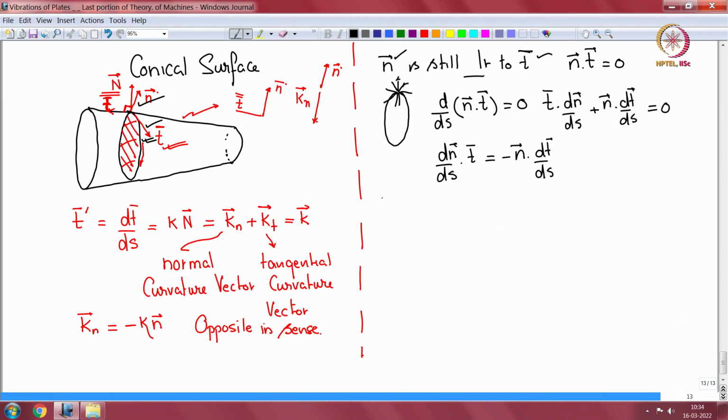From dt by ds is equal to minus k n bar, minus k n dot n is equal to this kappa. And n bar dotted with k, which k?